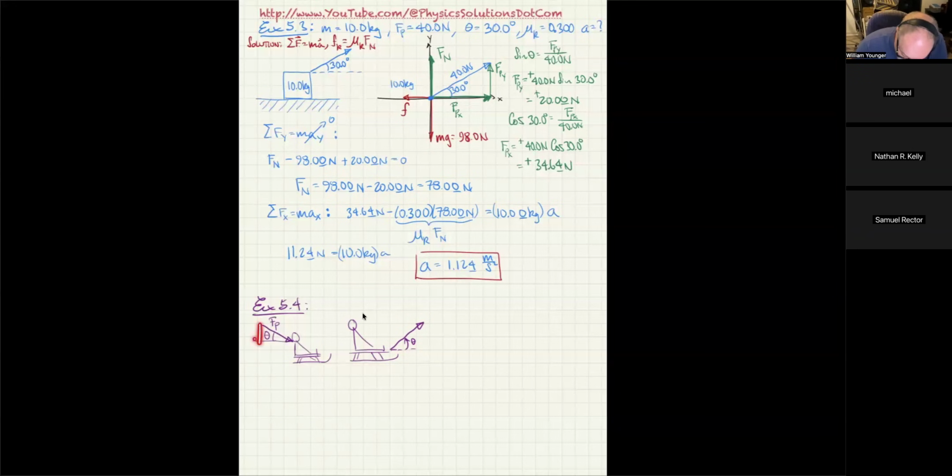However, in the case of us pushing, the components are to the right, which we have to have, but the y component is in the downward direction. Because that y component is in the downward direction, we would have Fn minus 98, and then minus 20.00 newtons, so that instead of 78, we'd actually have 118 newtons.